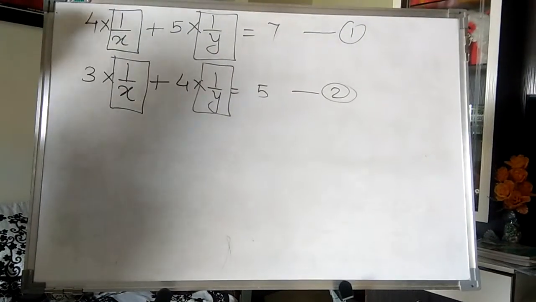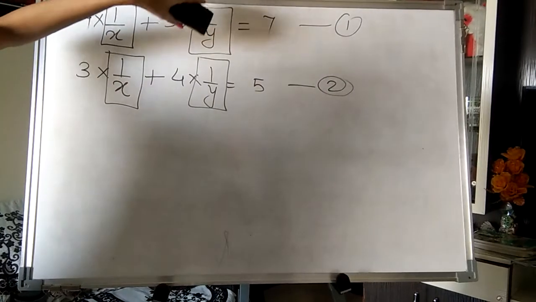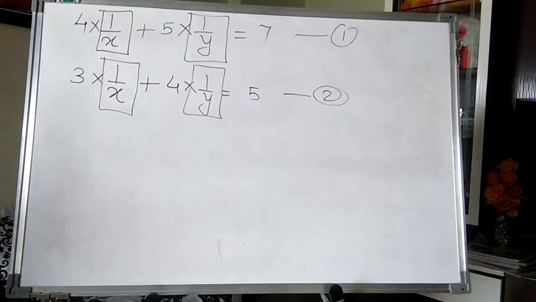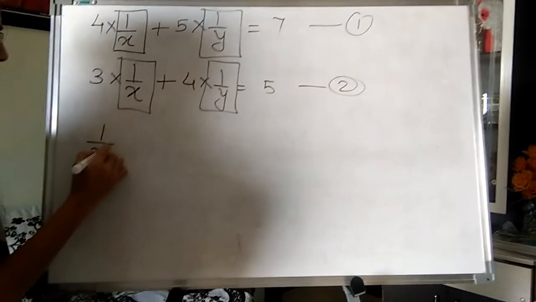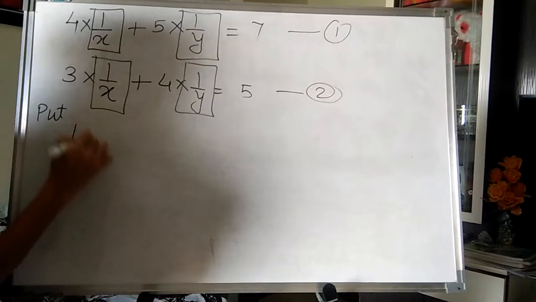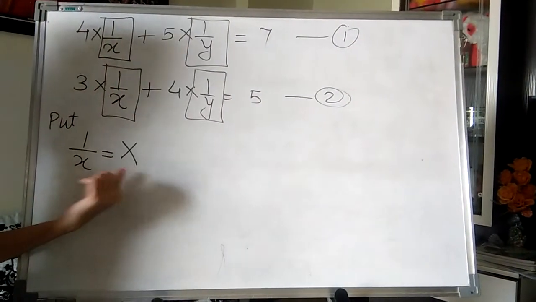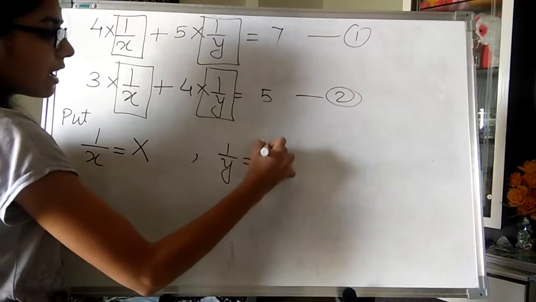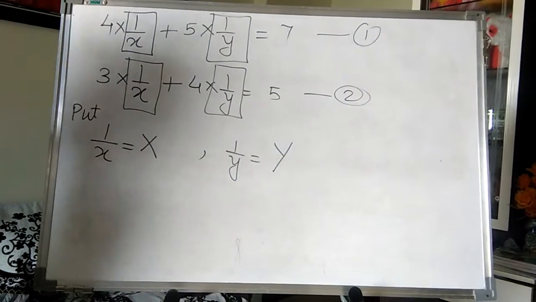Now substitute something in place of 1 upon x and 1 upon y, so that you can convert these equations into the standard form of linear equation in two variables. Now how to do this? Put 1 upon x as capital X. See the difference between my small x and capital X. And 1 upon y as capital Y. What will be the form of the equation now?